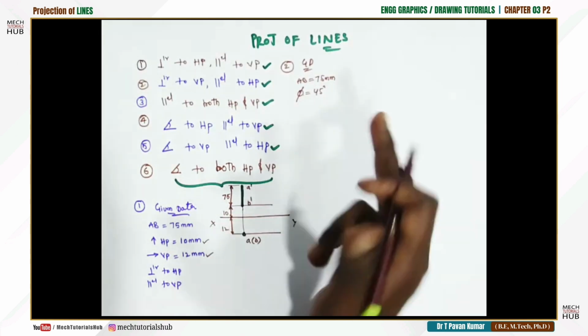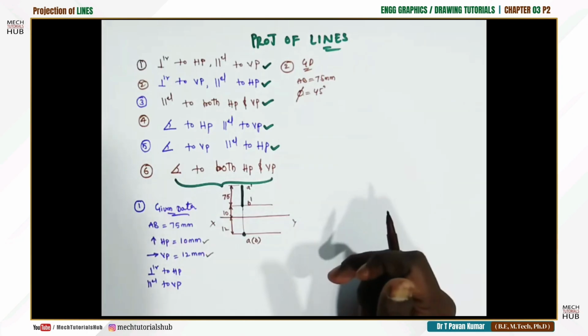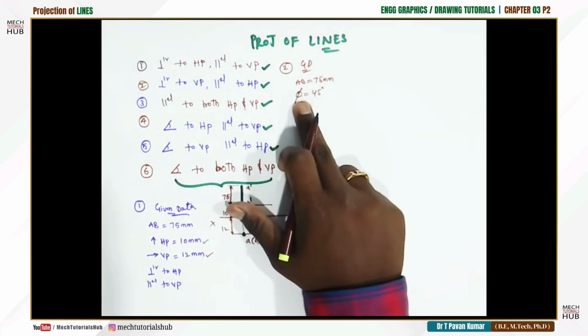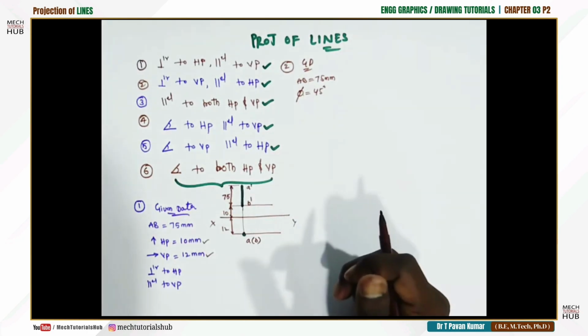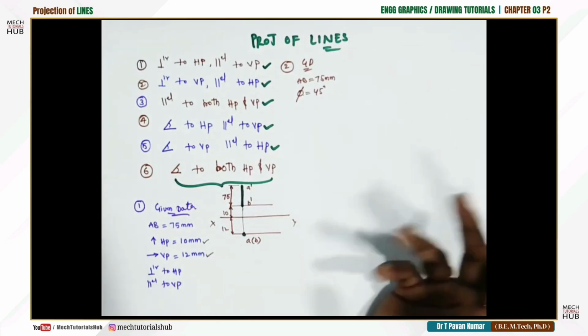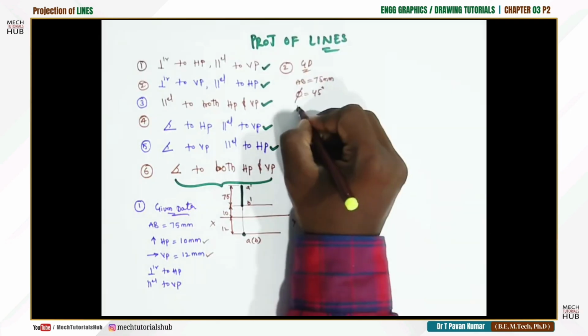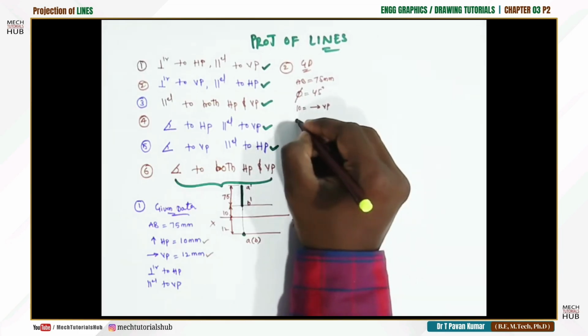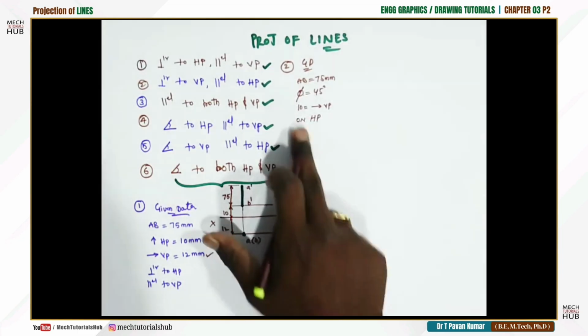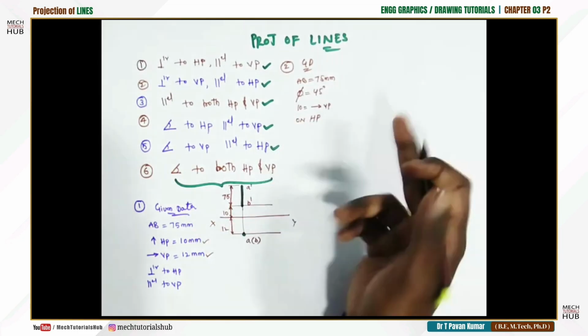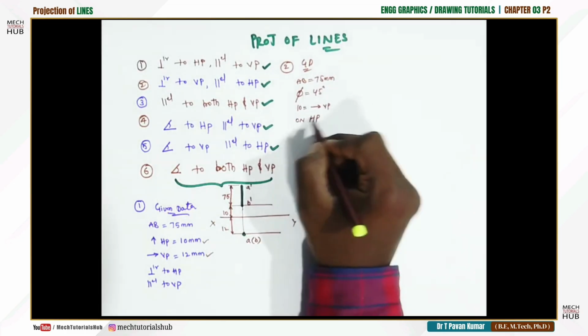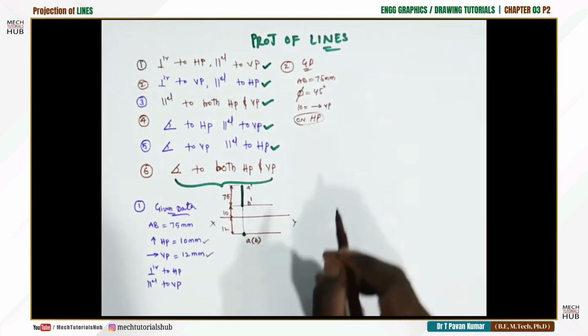If phi, it is inclined with VP. AB 75 mm, inclined 45 degrees to VP, parallel to HP obviously, and positioned at a distance of 10 mm in front of VP and on HP. The question may be like this, or else in a few cases you don't even consider this particular data in the question.